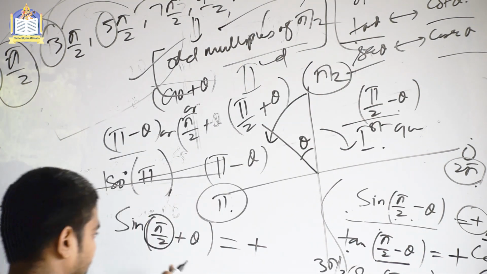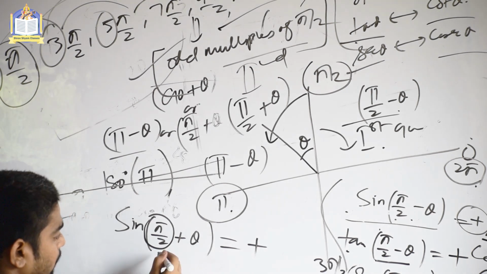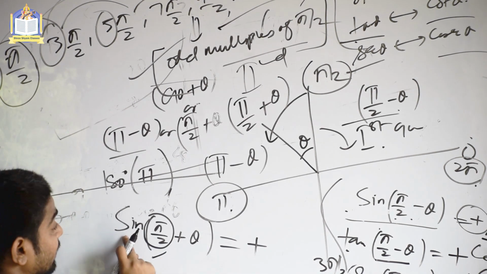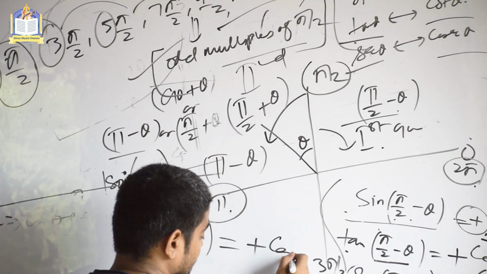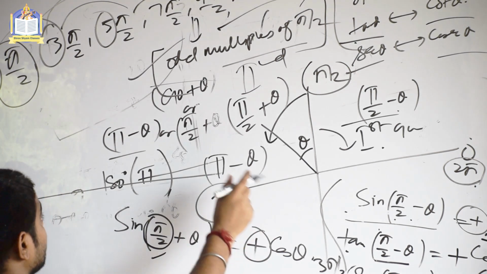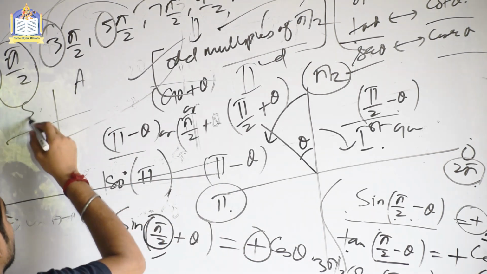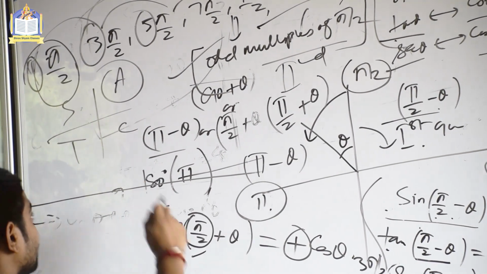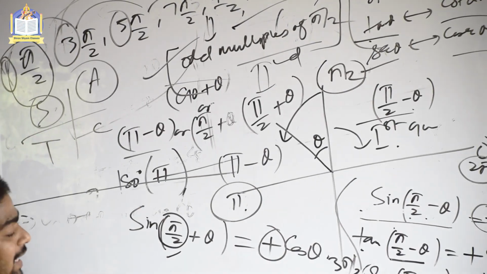The sign here is positive because, as I have already told you, from school to college, in the first quadrant every trigonometric function is positive, in the second quadrant only S is, where S stands for sin theta.